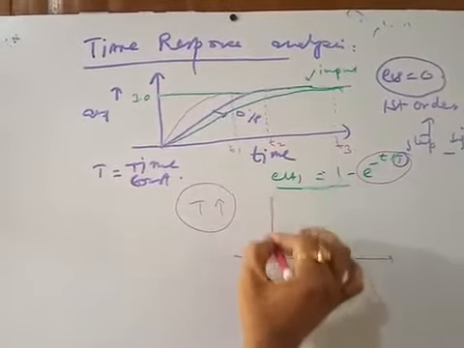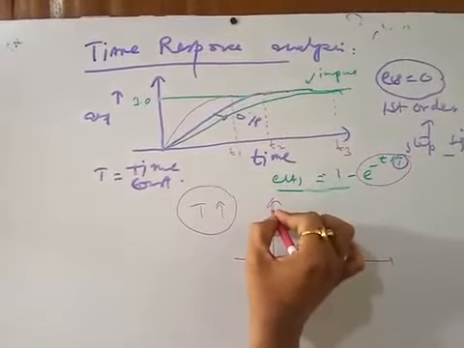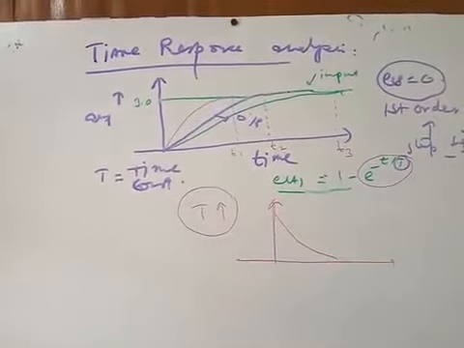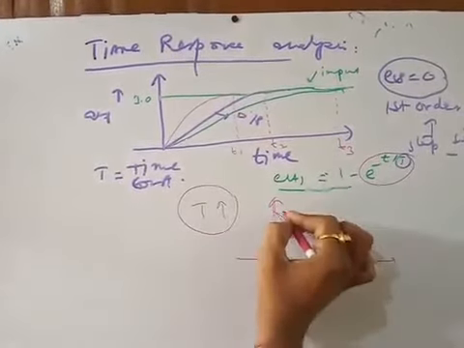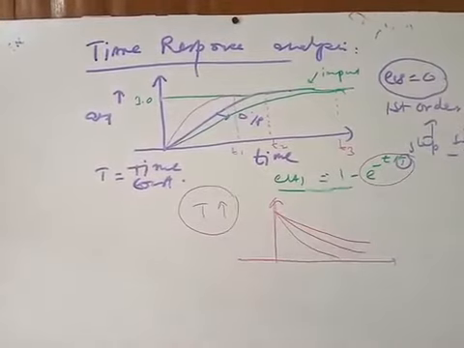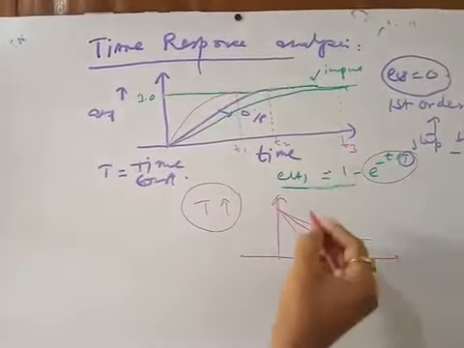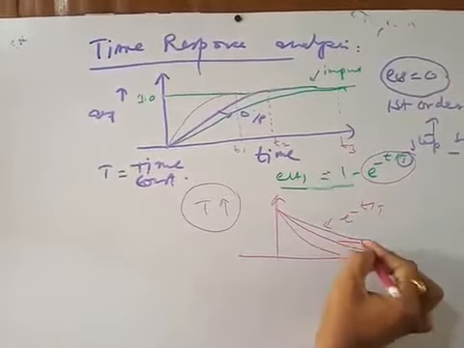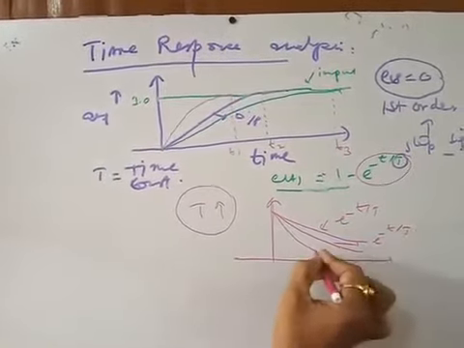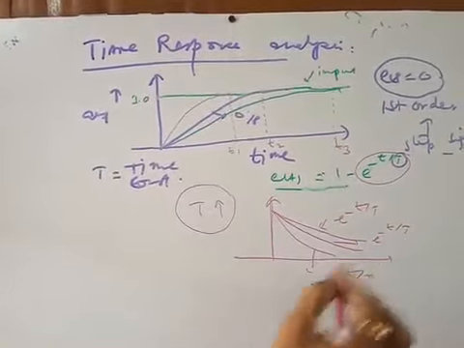In this case, this is the nature of the curve, right? And this may be the nature of the curve, this may be the nature of the curve, and depending upon the nature of the curve, this is e to the power minus t by T, this is also e to the power minus t by T, this is also e to the power minus t by T curve.